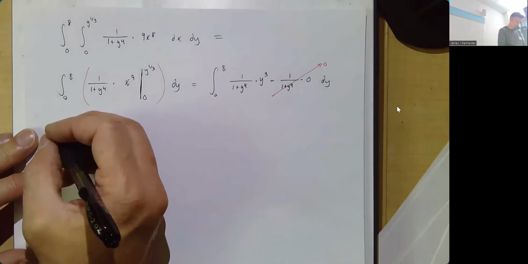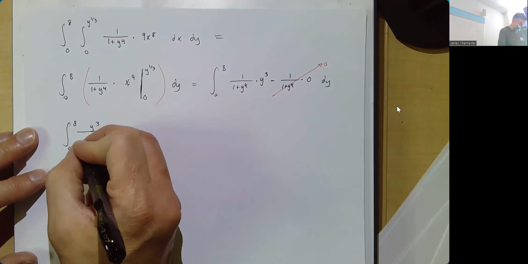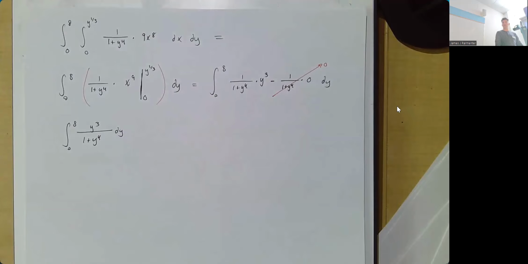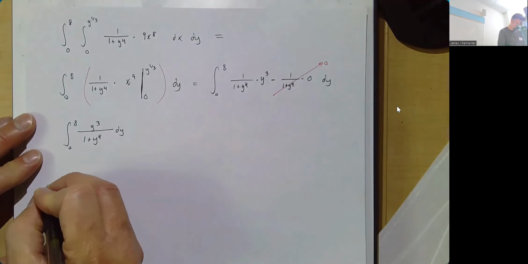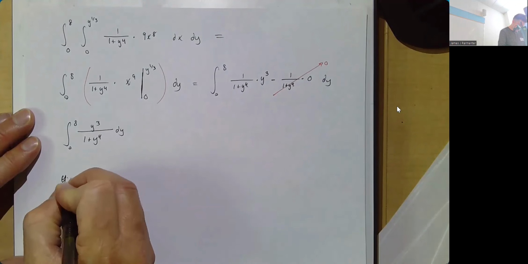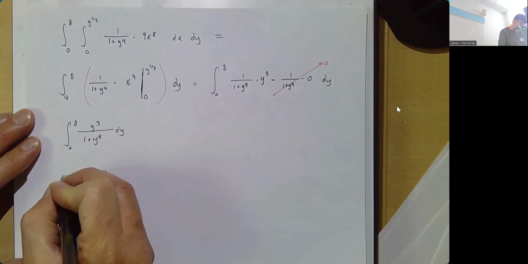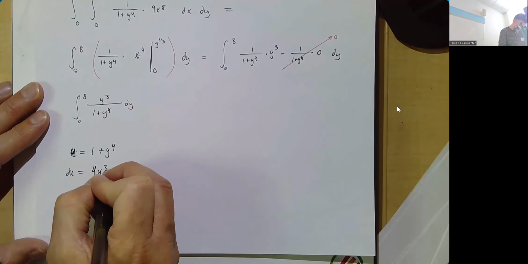And now, just like the previous examples, we're left with a function that is easy to evaluate via a simple u substitution. So if I let u equal the denominator, which is 1 plus y to the 4th, my du is going to be 4y cubed times dy.